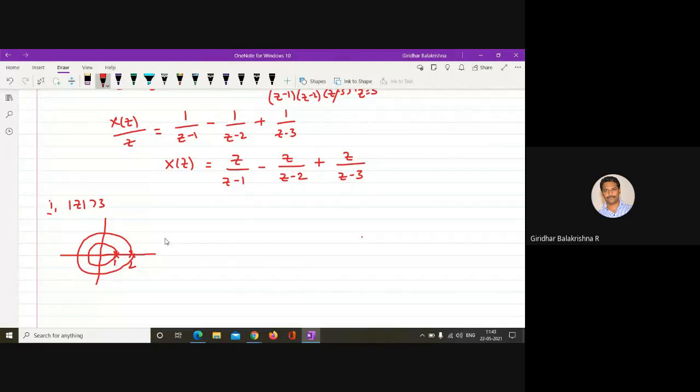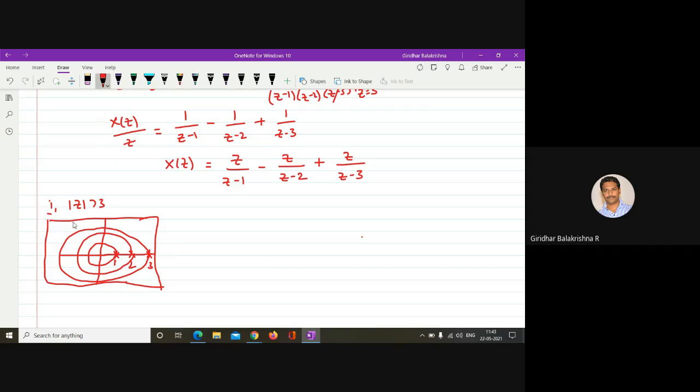So we have the first pole at 1, the second pole at 2, and the third pole at 3. So represent that circle and assume this is the z plane.